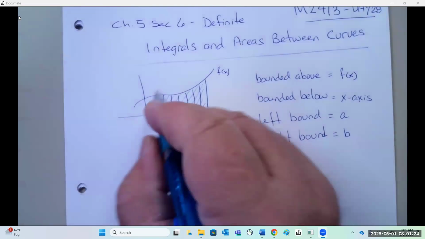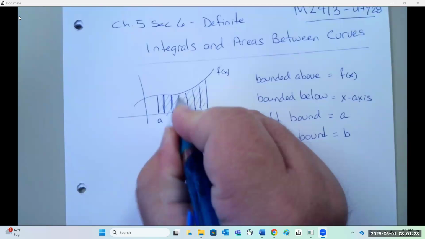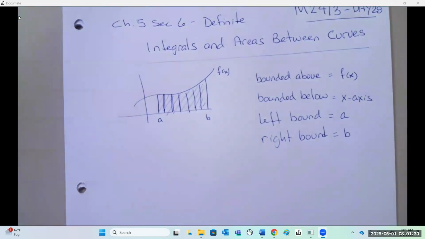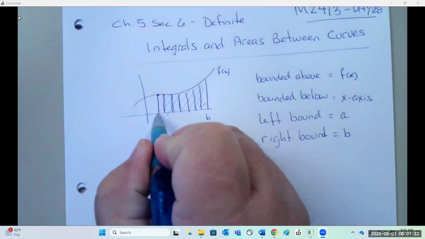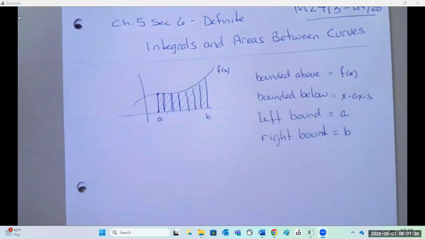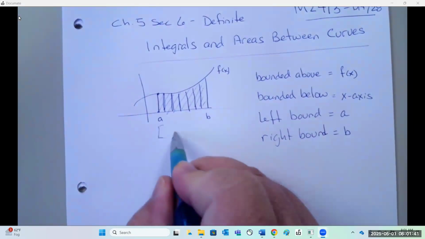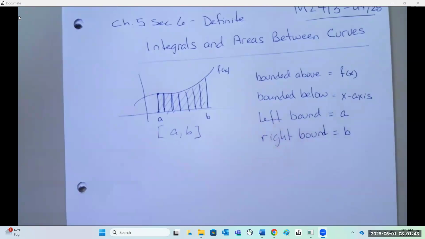Well, if you notice, the lines that we add the areas go from the function down to the x-axis. So it stops there. And we use on the x-axis our bound, left and right, is what's our domain that we're looking at.